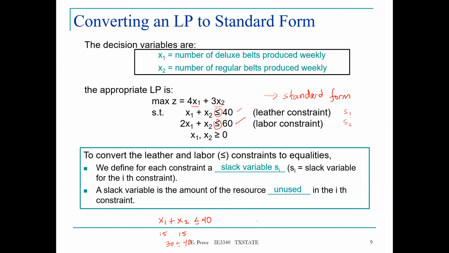So if you write this in standard form, you have x1 plus x2 plus s1 equal to 40. If you end up using 15 plus 15, in order to make this equal to 40, you will get 10, right?